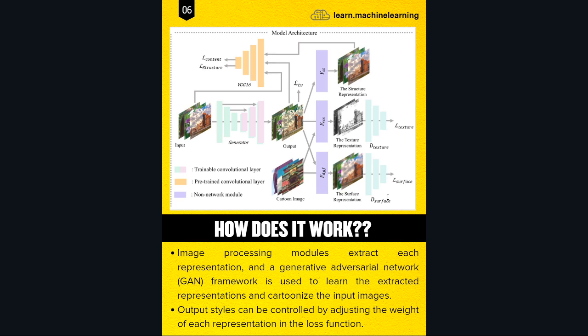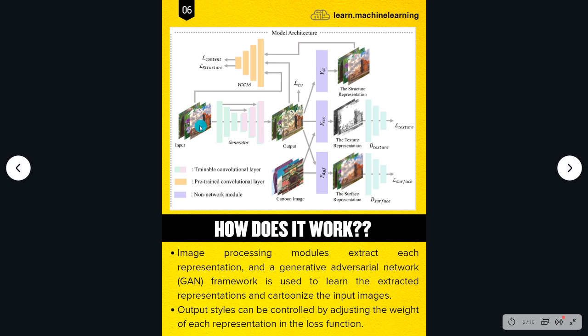Okay, and we also have one VGG16 model here. These orange blocks are a pre-trained VGG16 model, which will be used to extract the high level features and to impose spatial constraint on global contents between extracted structure representations and outputs, and also between the input photos and the outputs.